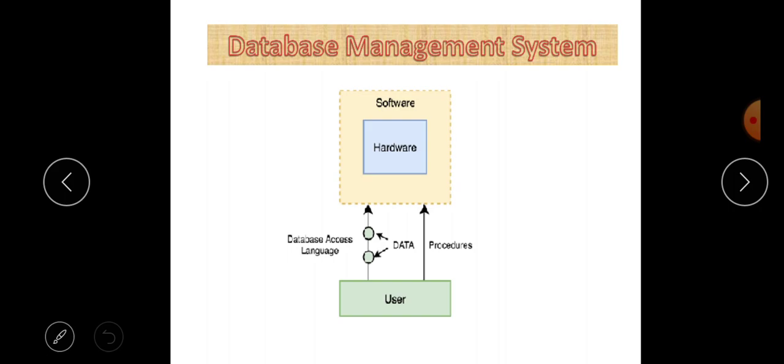And the diagram explains this concept of database management system. In the diagram you can easily see that hardware is there, and different software is there to access.